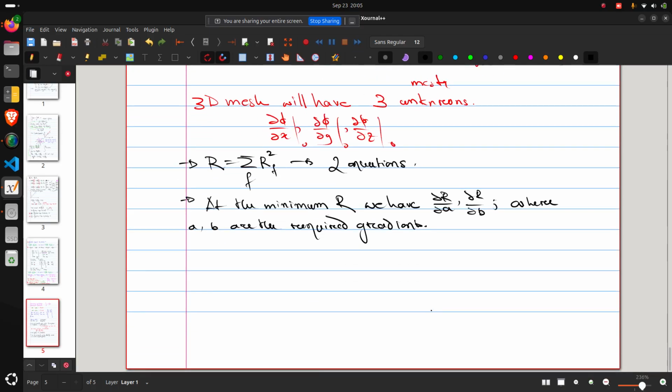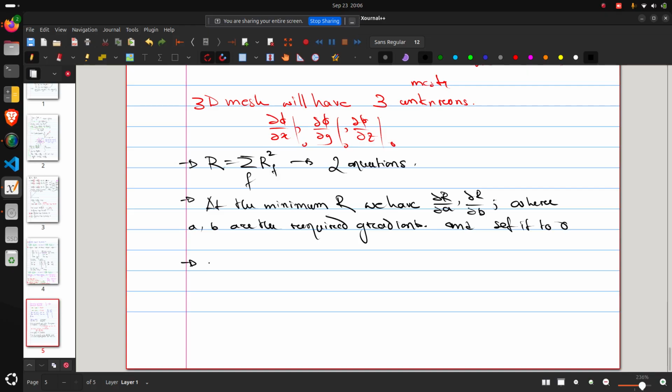So we take the gradients of the residual along those variables a and b, that is dou phi dou x and dou phi dou y, and we set it to 0, because from calculus we know that at the maximum or the minimum value the gradient goes to 0.